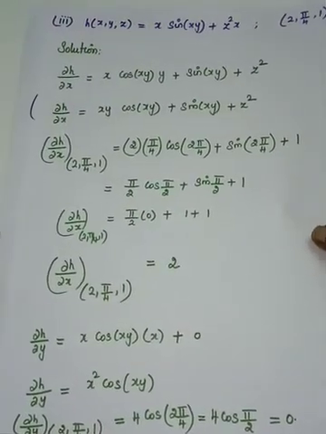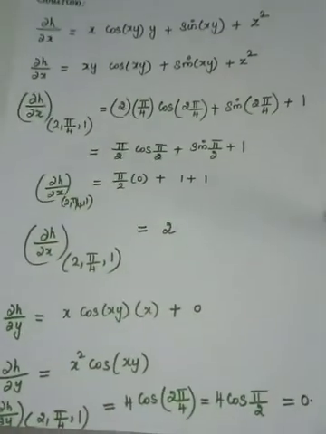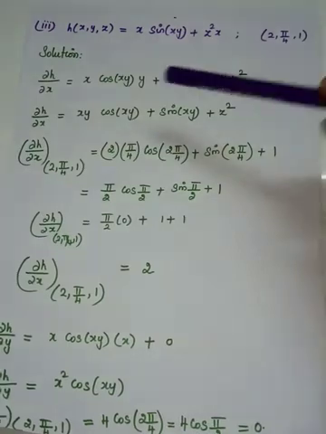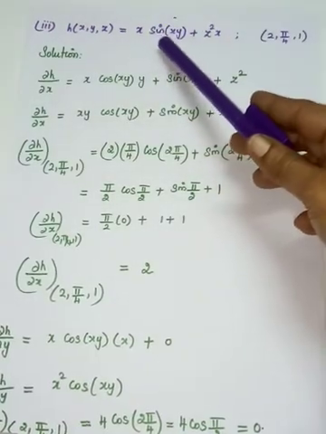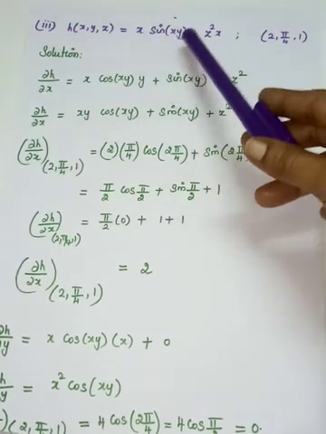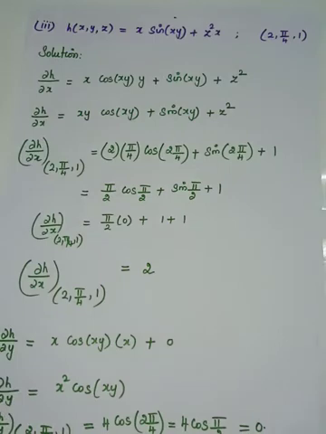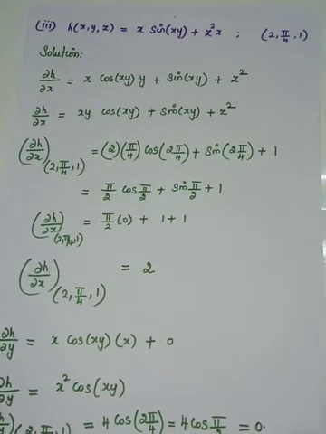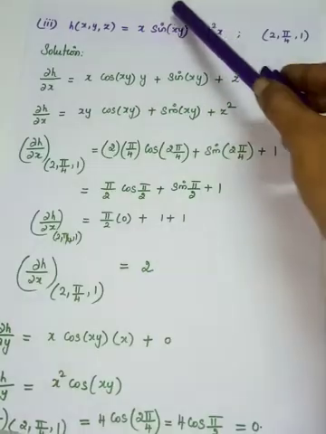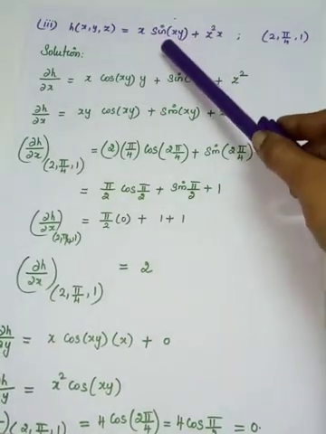So what is the third one? We have to go to dou h by dou z. Look at the first term of the h function, x sine of xy. Here no z is involved, so x and y are constant while you are differentiating partially with respect to z. So the first term totally is a constant, whose differentiation is 0.